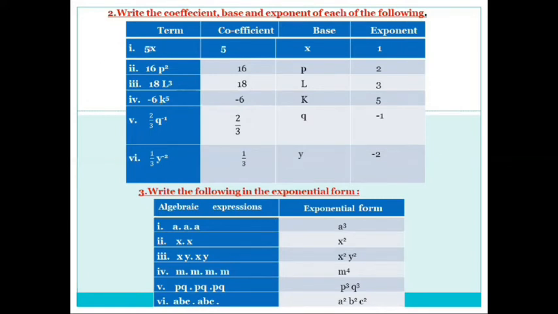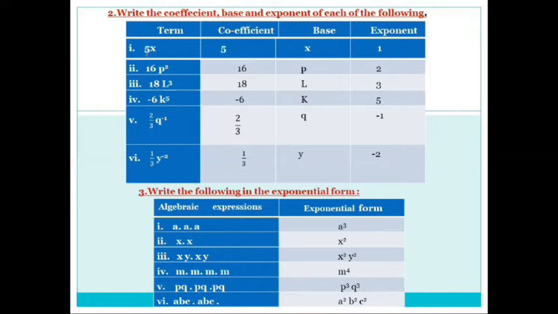Dear student, the value which comes very front, like 5, like 16, like 18, like minus 6, like 2 over 3, like 1 over 3, these are called the coefficient.